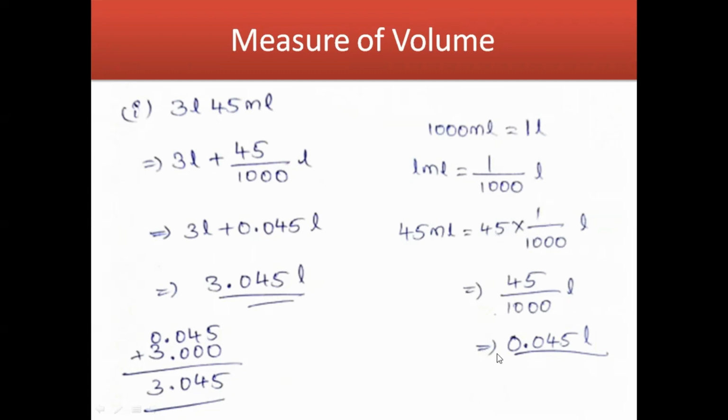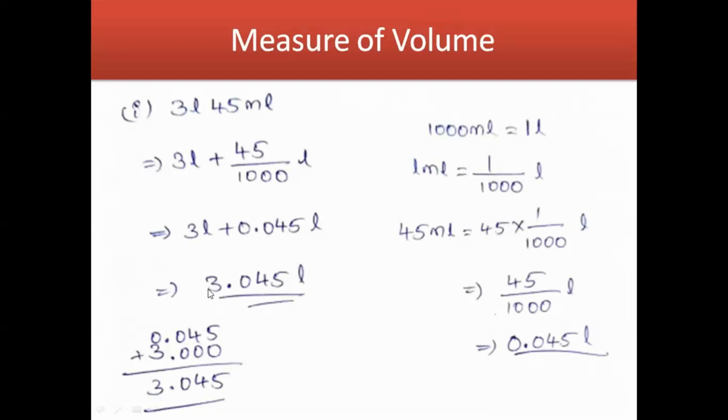It is changing into decimals, 0.045 liters. Now see here 3 liters plus 45 by 1000 liters. 3 liters plus 0.045 liters.